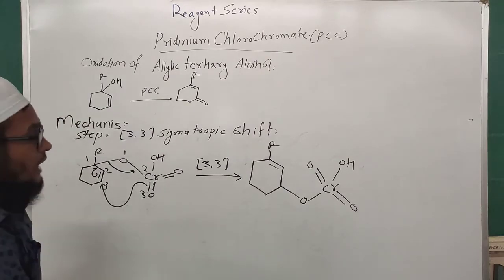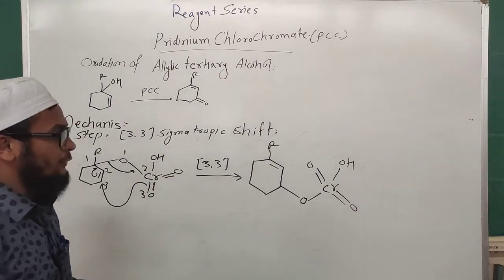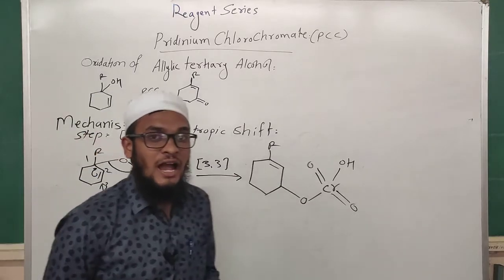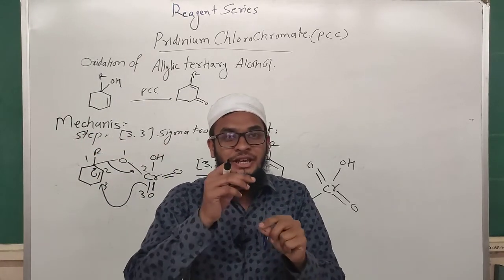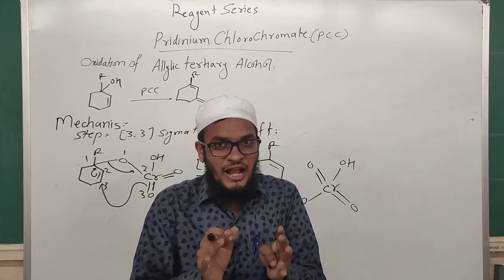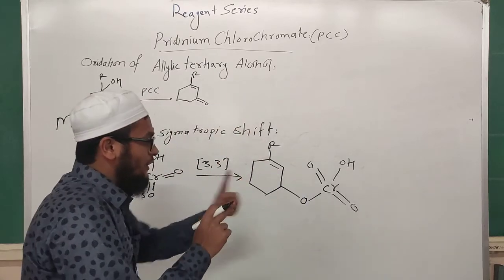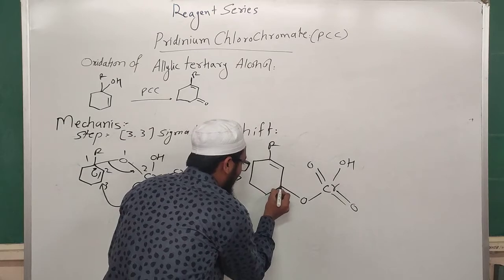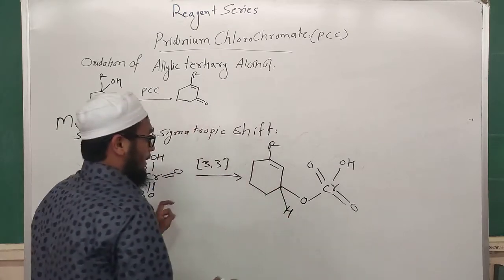Now in our reaction mixture, from the first step we have the removal of chloride ion, the free chloride ion in the reaction mixture. That chloride ion will come here. Now look at here, it has 1 hydrogen here.